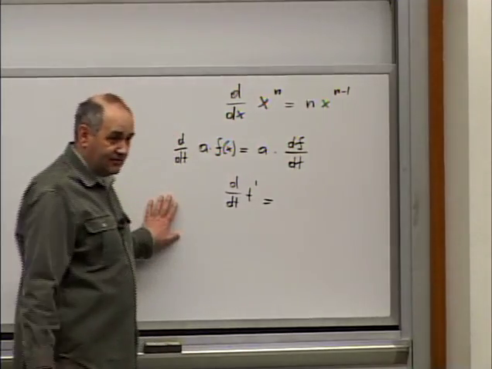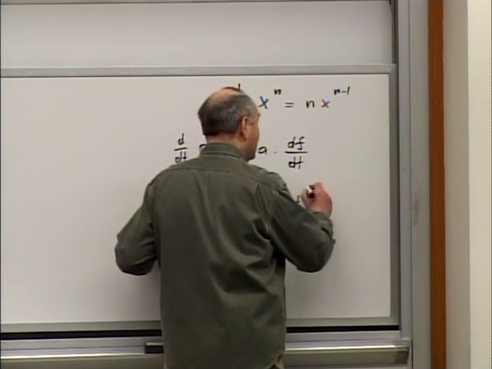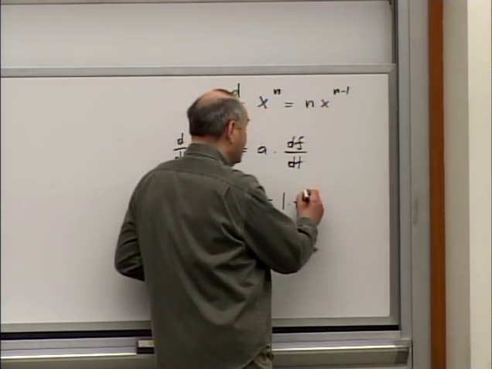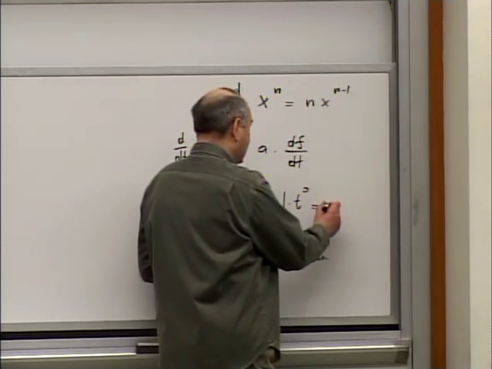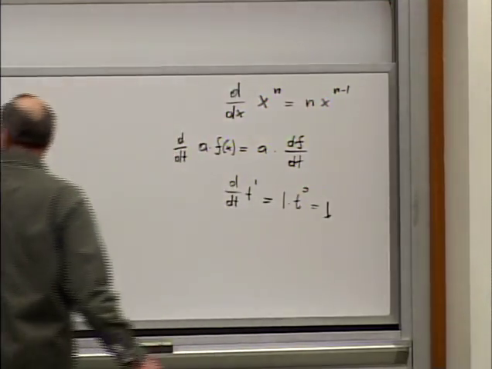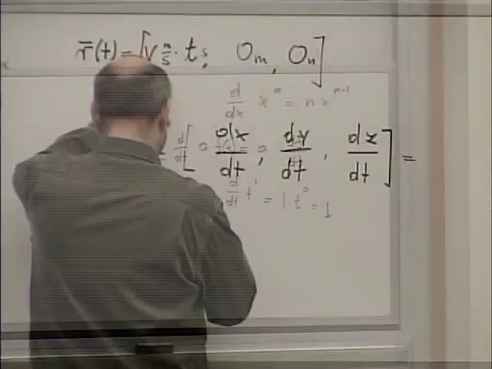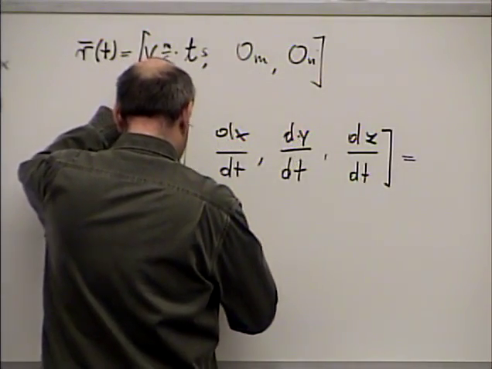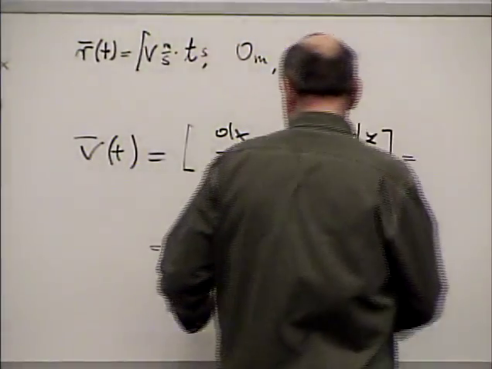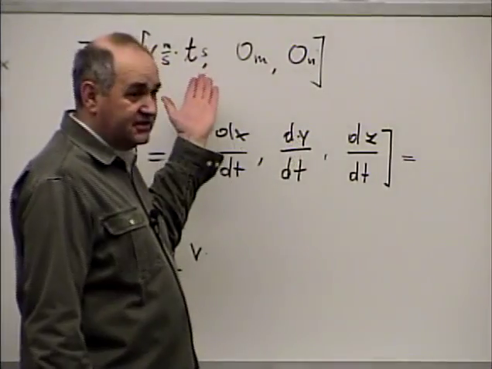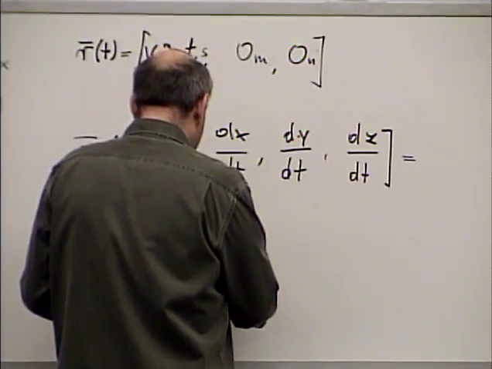Well, according to this formula, I will have 1 times t to the power of 1 minus 1, that is t to the power of 0, which means that it is going to be 1. All right, which means that if I calculate this component, I will have v, which is a constant corresponding to a over here, times the constant value 1. So it will be just v.